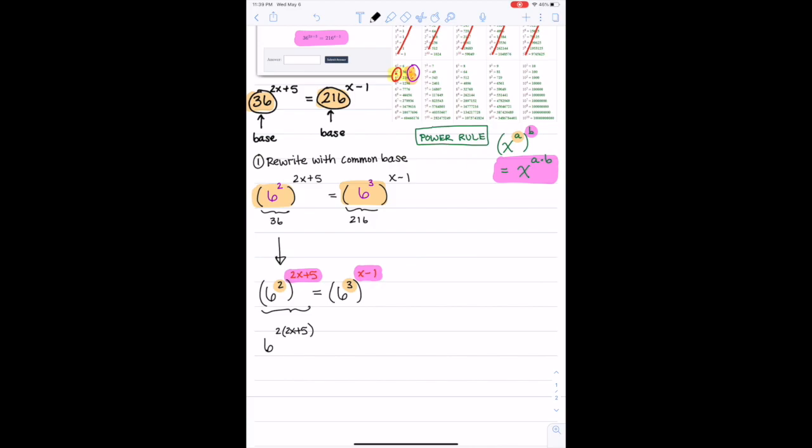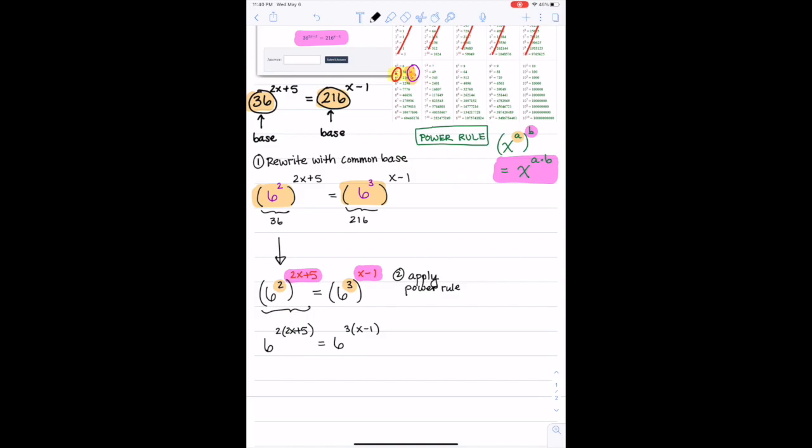So I just applied the power rule. And on this side we could say 6 to the 3 times x minus 1. Okay, so now that we applied the power rule, actually I should write that as step 2. Apply power rule.